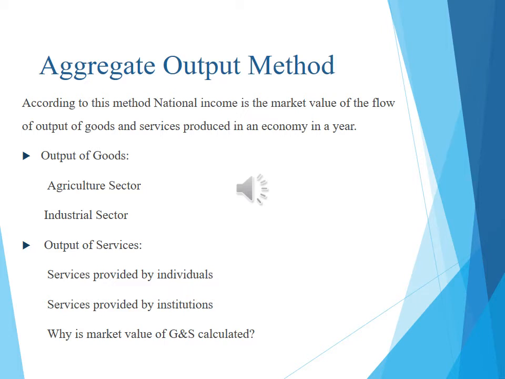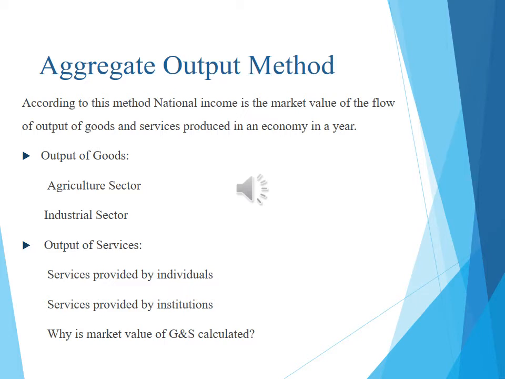While under the category of services, we count not only the services provided by individuals but also the services provided by institutions. The services of doctors, teachers, rickshaw drivers, engineers are services provided by individuals, while examples of services provided by institutions are banks, insurance companies, schools, universities, hospitals.